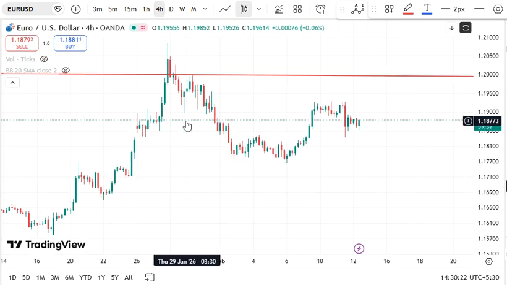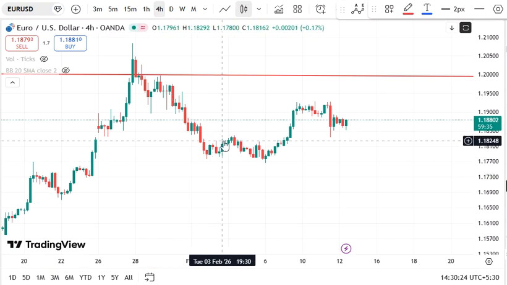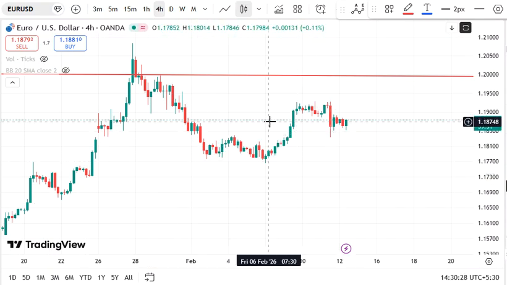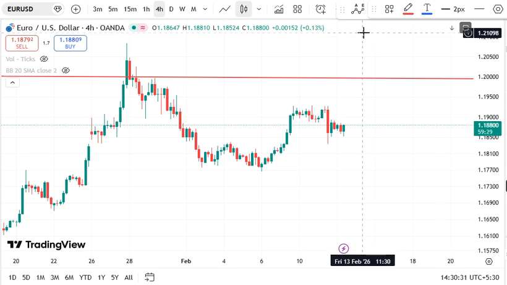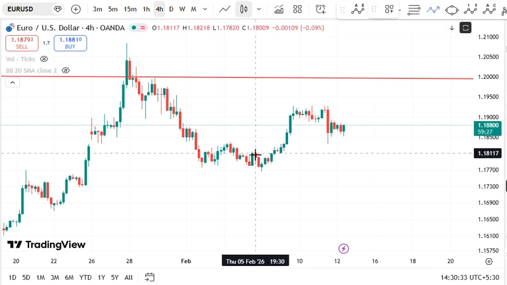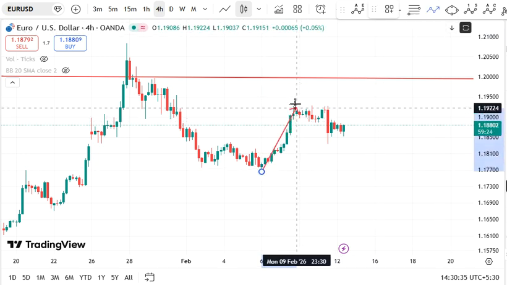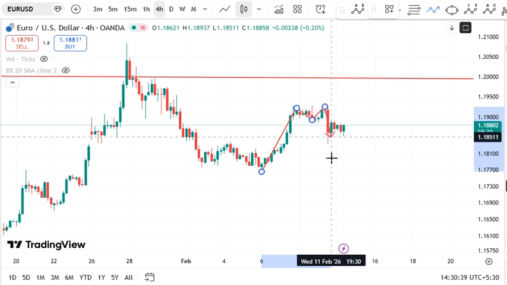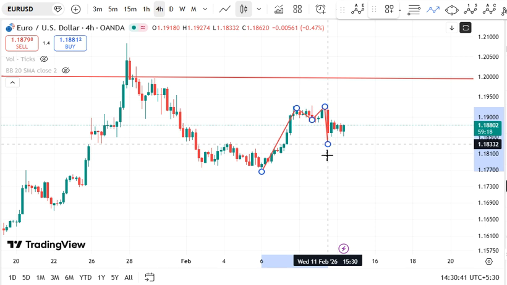Let's go into the 4 hourly time frame. On the 4 hourly, this is a higher low, and this is our first lower low. Let me show you with Dow theory. This is our higher high, higher low. Again, almost the same high, lower low.